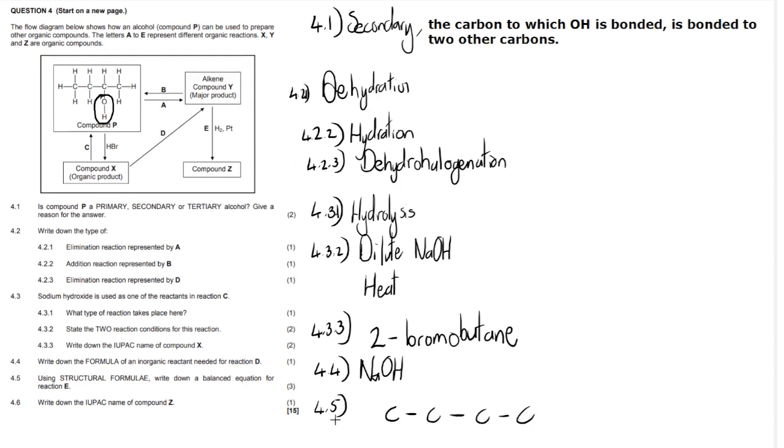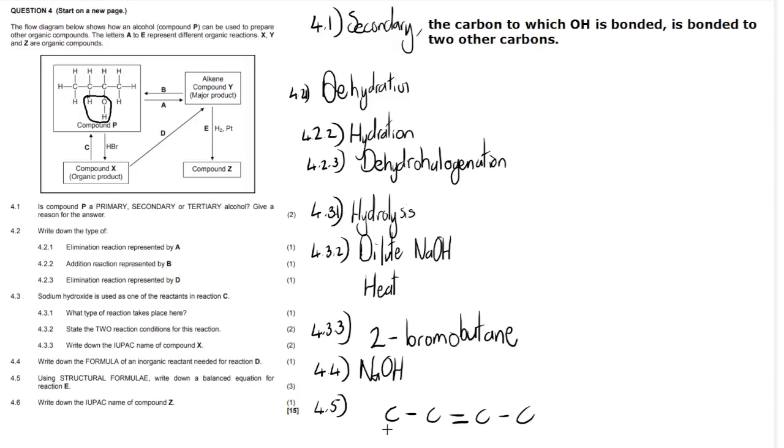Now we might need to go back to Zaitsev's and Markovnikov's rules. Remember, when this OH is taken away in reaction A, the hydrogen that is taken is not from one of the CH3 groups, because they each have 3 hydrogens, but from a carbon that only has 2 hydrogens. We take from the poor and give to the rich, right? That means those H and OH will be taken, and that leaves the double bond right there in the middle.